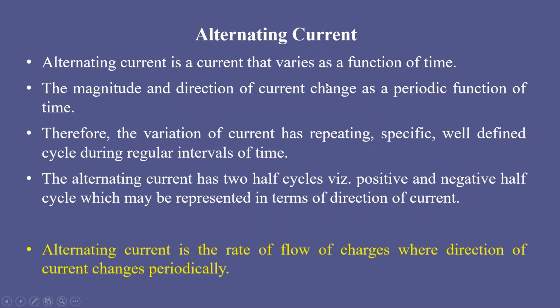So how to define alternating current? Alternating current is a rate of flow of charges where direction of current changes periodically.